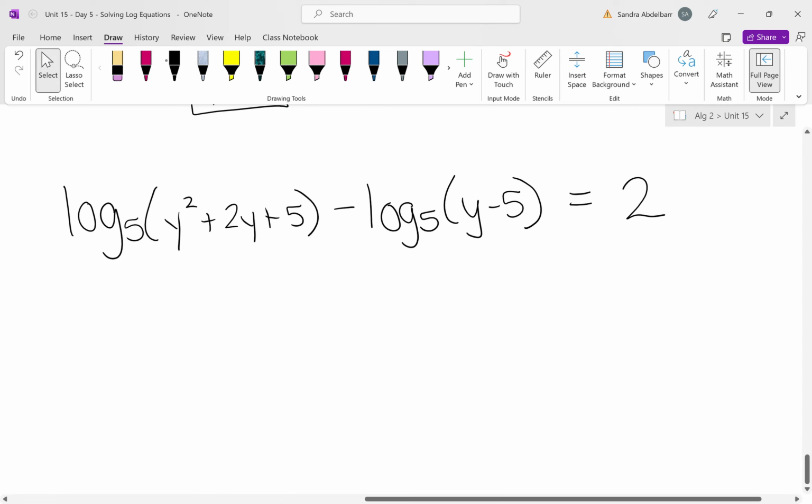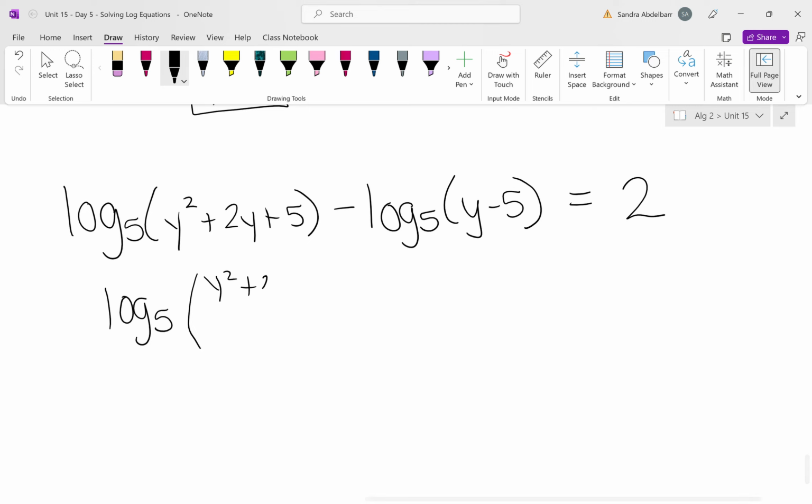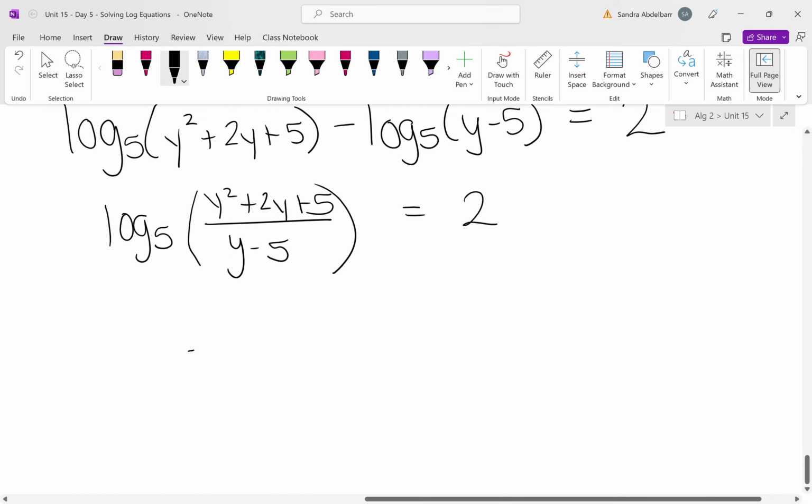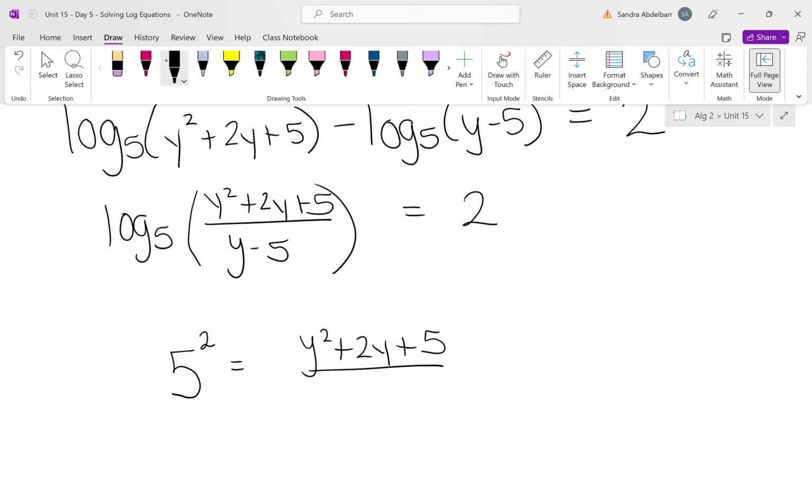So what I'm going to do is I'm condensing the left side down to 1 log. So y squared plus 2y plus 5 over y minus 5. I'm not dividing this. Equals 2. At this point, I'm going to put it into exponential. 5 to the second power equals y squared plus 2y plus 5 over y minus 5.